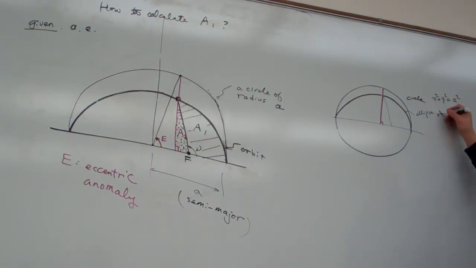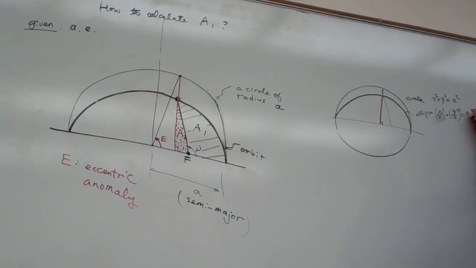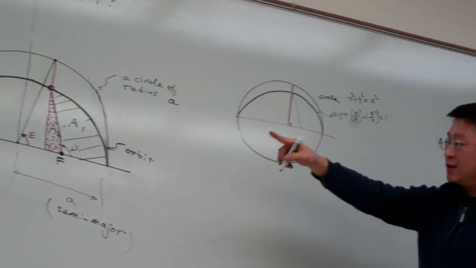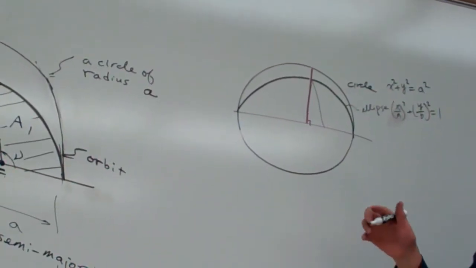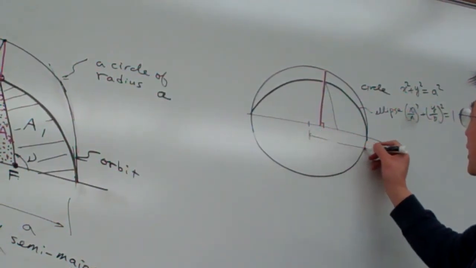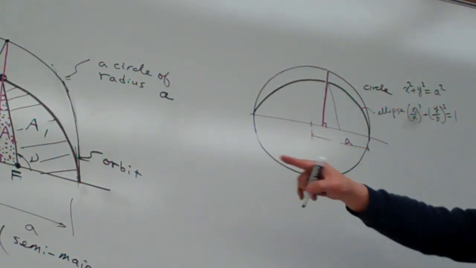For the ellipse, we have these equations. Basically I redraw that shape here. I don't want to mess up. This is the semi-major axis, the center like that one.